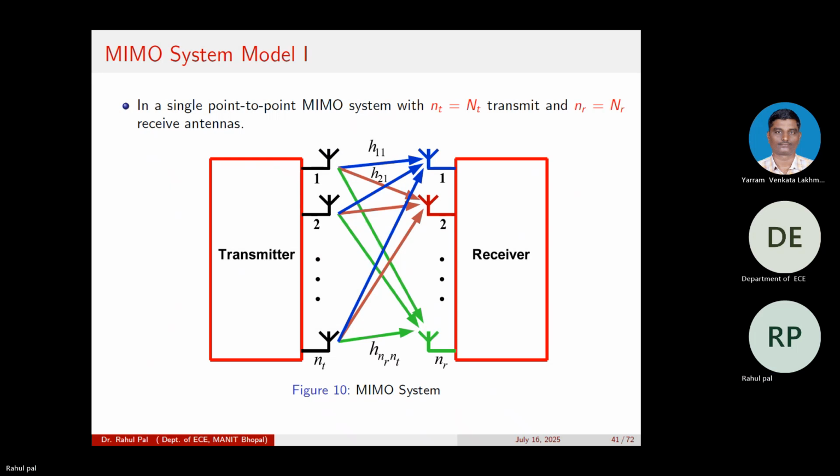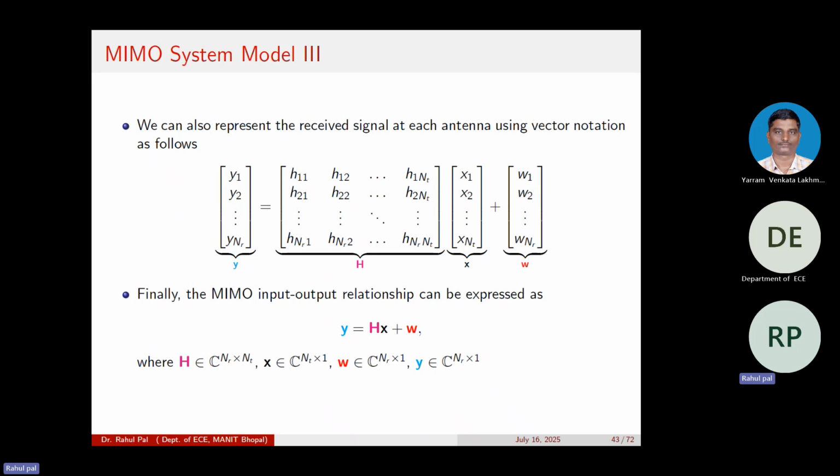Look at the second receiving antenna. It is also receiving signals from all the transmitting antennas. So in the form of multiplication, y equals Hx plus w. H is the channel matrix between the transmitter and receiver. It contains the channel coefficients and has dimension NR cross NT.